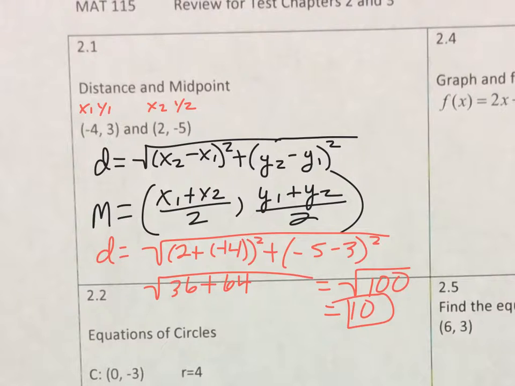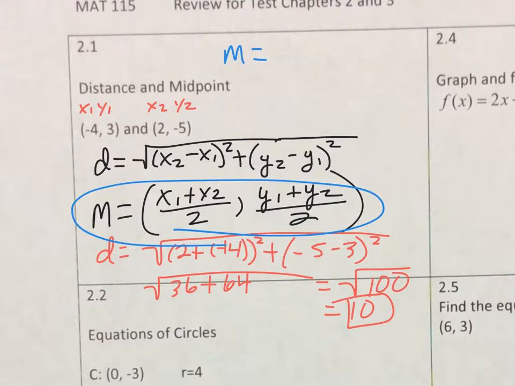Okay, and then for the midpoint, applying this formula now, x1 plus x2 would be negative 4 plus 2 over 2. And y1 plus y2 would be 3 plus negative 5 over 2.